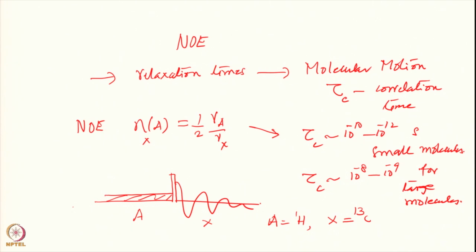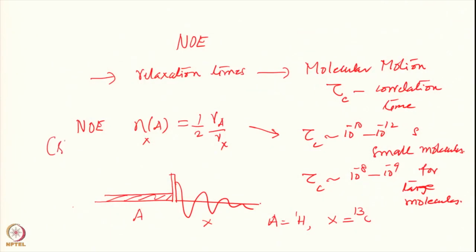This is an enhancement in the intensity of the lines when you perturb one spin and observe the other spin. If you are perturbing proton and observing carbon 13, you are getting a factor of 2 enhancement in the intensity of the line. That is a significant advantage, because a factor of 2 enhancement is like a factor of 4 in terms of the time with respect to signal averaging.